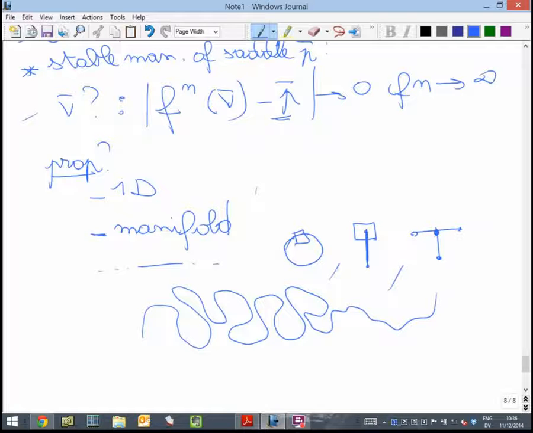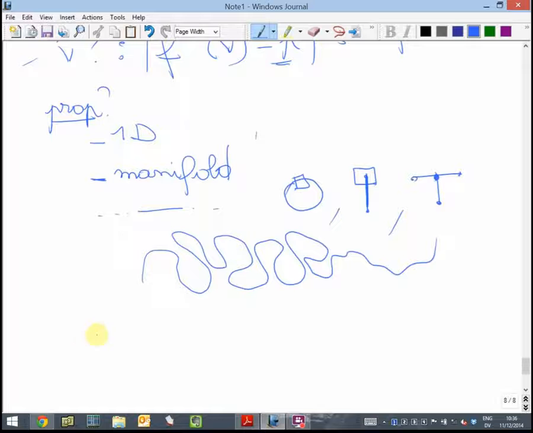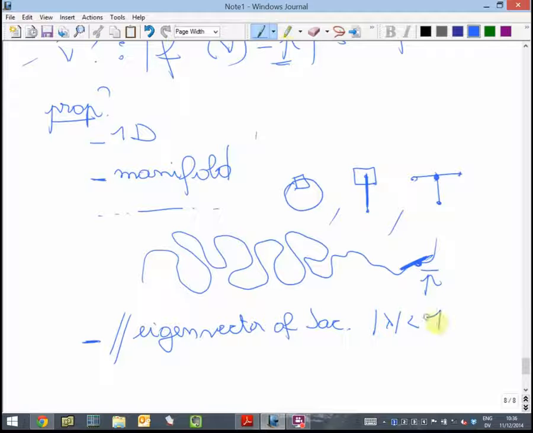Good, so we know the stable manifold is 1D, it's a manifold, but rather importantly, it should go through your saddle point here, right? And it turns out to be parallel to the eigenvector of your Jacobian for which the eigenvalue lambda was smaller than 1 in magnitude.